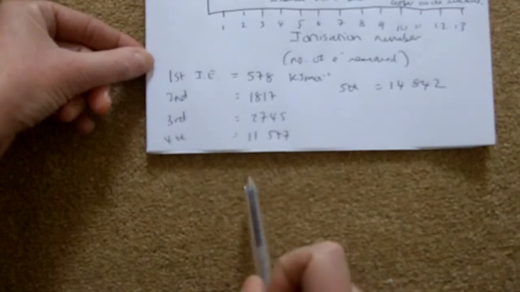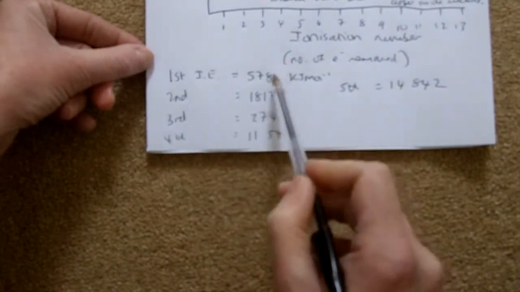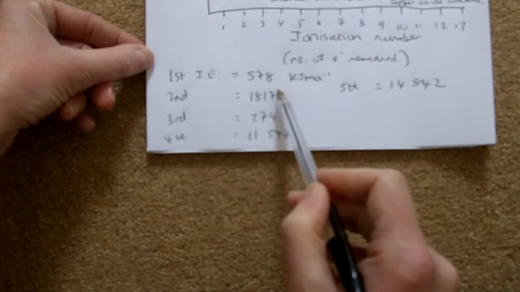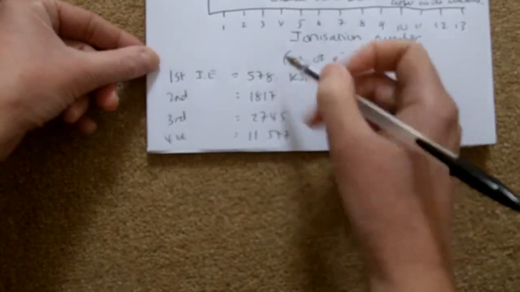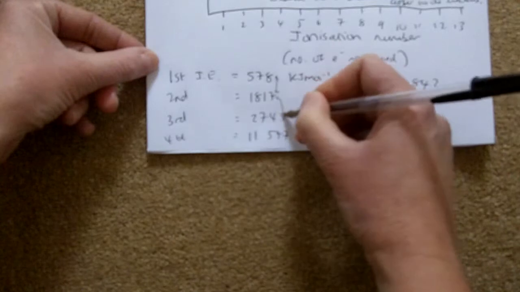And then the question says, with this information, which group of the periodic table is this element in? You can see it's increasing by about 1,000 between first and second, about 1,000 between second and third.